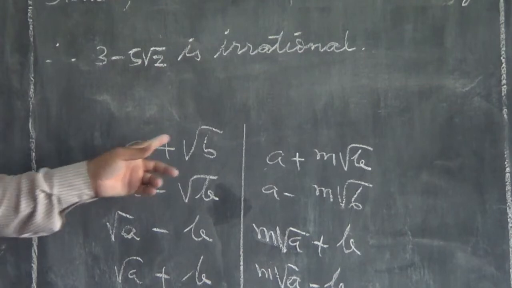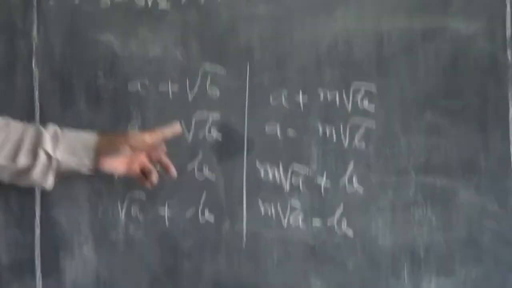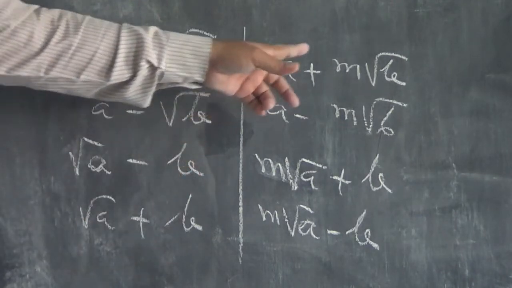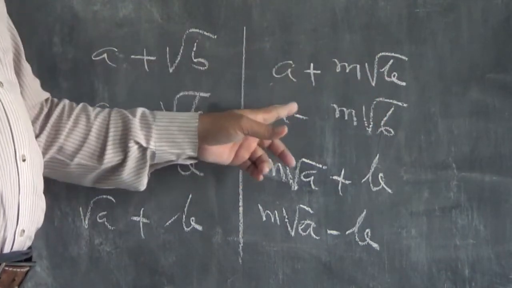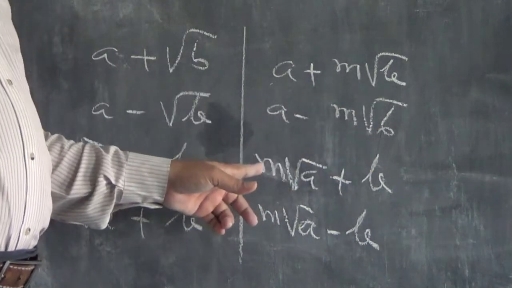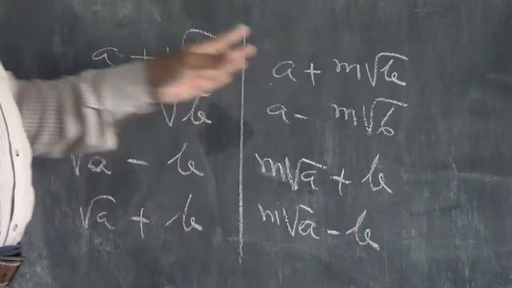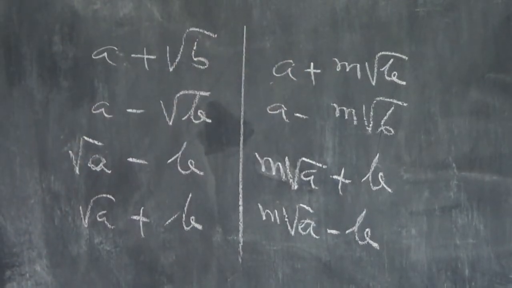Here that means 2 plus root 3, 2 minus root 3, root 2 minus 3, root 2 plus 3, 2 plus 3 root 5, 2 minus 3 root 5, 3 root 5 plus 2, 3 root 5 minus 2. So this pattern all we can do in this method.